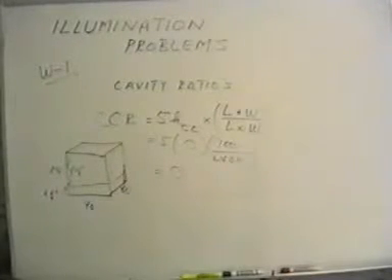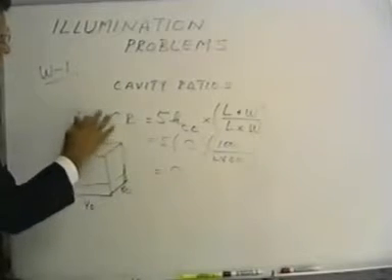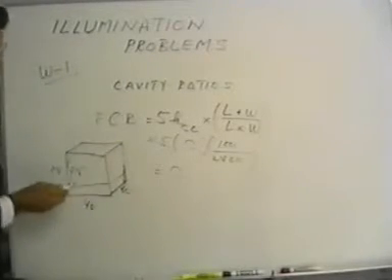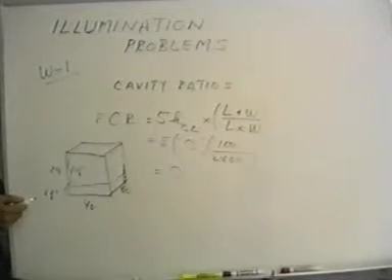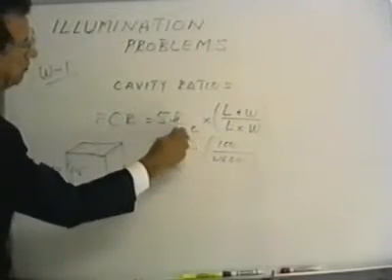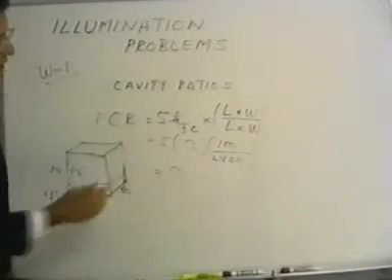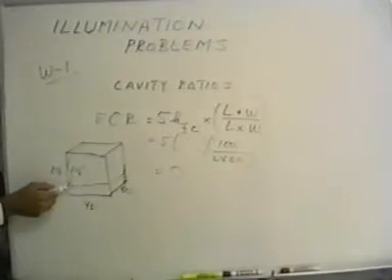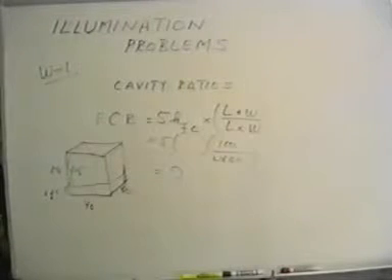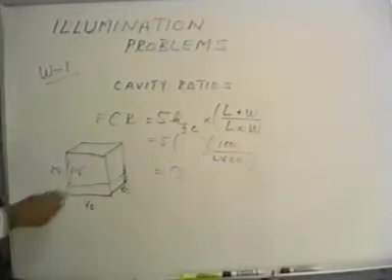And finally, to find the FCR, the floor cavity ratio, that would be underneath the work surface. This would be 5 times h sub fc, and h sub fc would be the dimension, which is fairly standard, of 2.5 feet, unless you're told otherwise.